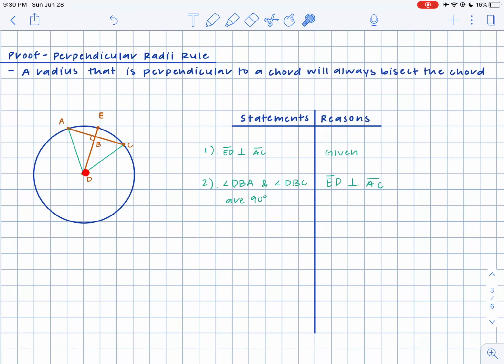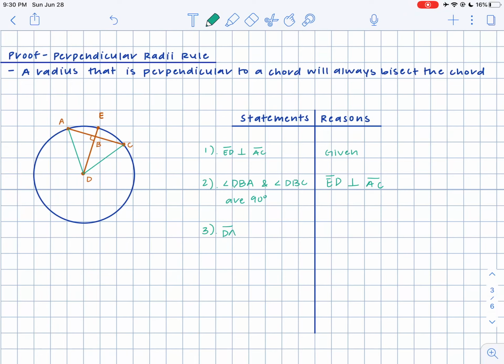Right? So these are line segments connecting these two points, and they are actually radii because it's from the center to a point on the circle. So these are both radii. And what did we also know about radii? All the radii are equal because the distance from the center to a point on the circle is the same for all the points.